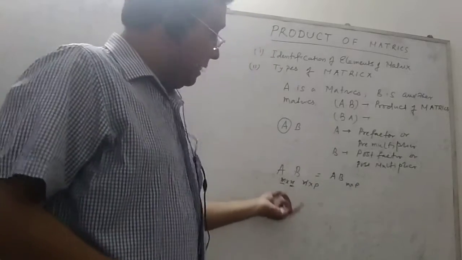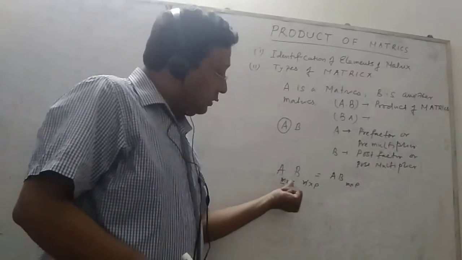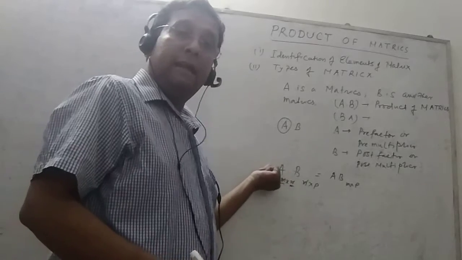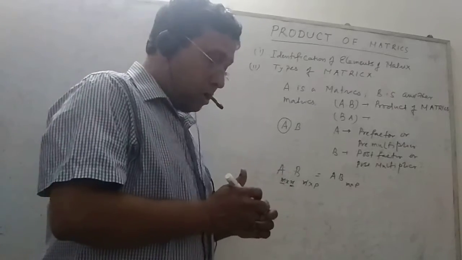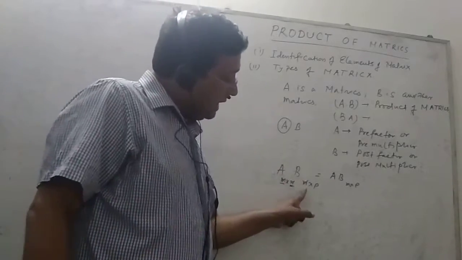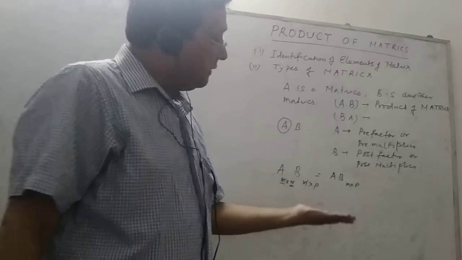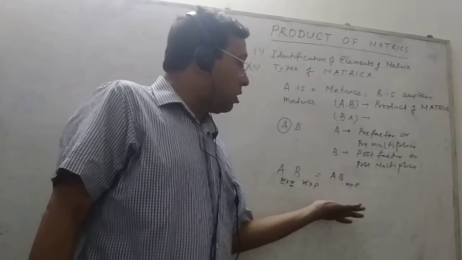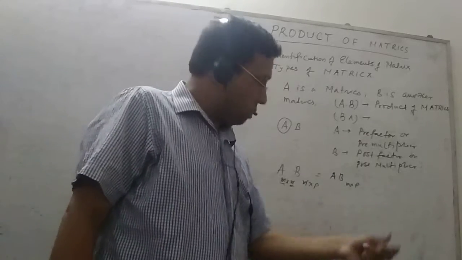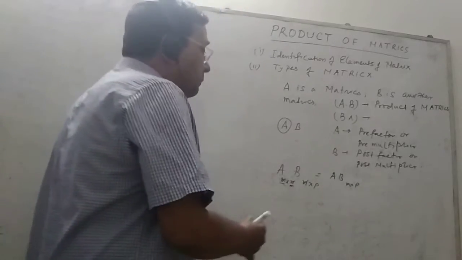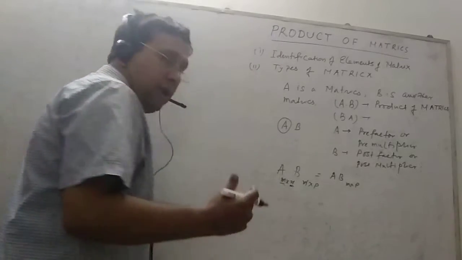So this is the order for the product of the matrix. If the order is m into n for the matrix A, the prefactor, and the order of the matrix B is n into p, then after the product, the resulting matrix will have order m by p. I can give one example.